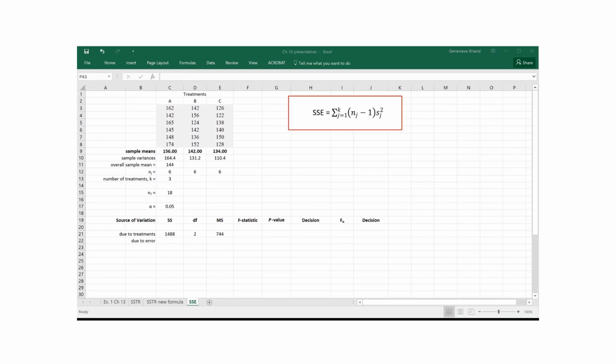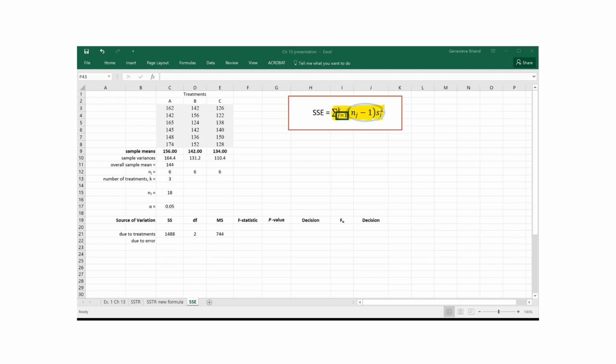So again, we start by computing sum of squares. We want to make sure we understand how to read this equation. It tells us to take treatment j sample variance, multiply it by nj minus 1. So nj is the treatment j sample size, which means that is the weighted sample variance for treatment j.